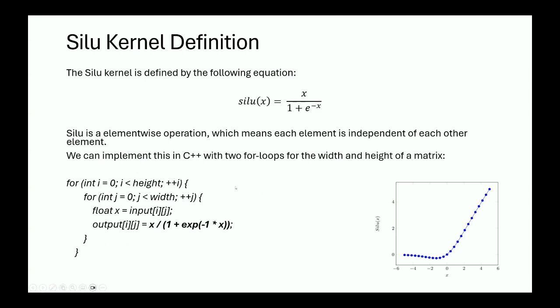We have the exponent of minus x to calculate, and we can show the curve here on the right side. So the complexity to calculate this versus a maximum function is a little bit higher, so we can see that actually in the results as well.